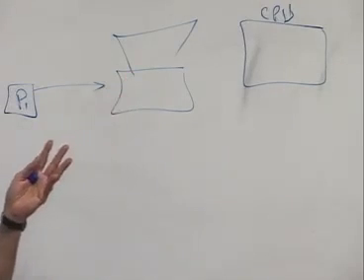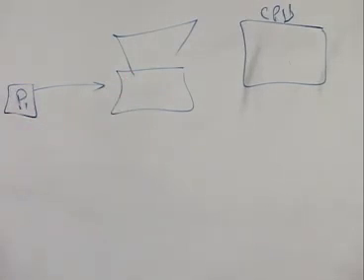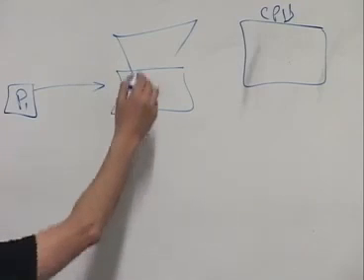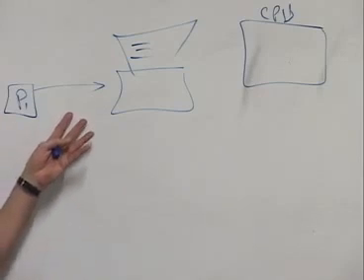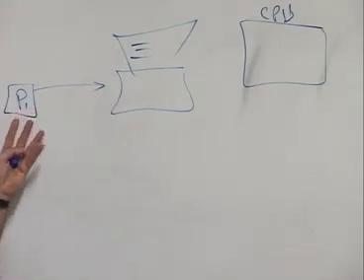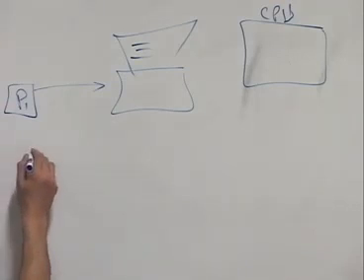And it might have to wait for the printer to finish before going to the next one. And the printer may take a long time. Obviously, we know the printer is an extremely slow device compared with the CPU. So if it needs to wait for it, it's going to take a good bit of time.